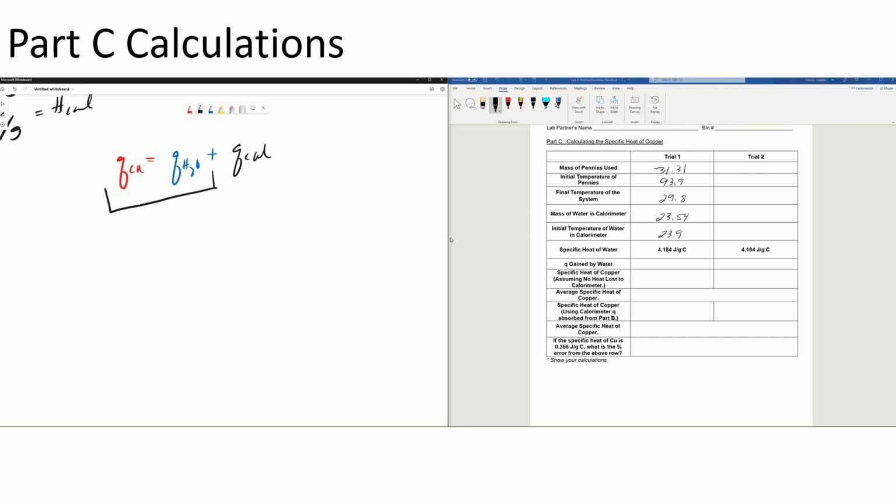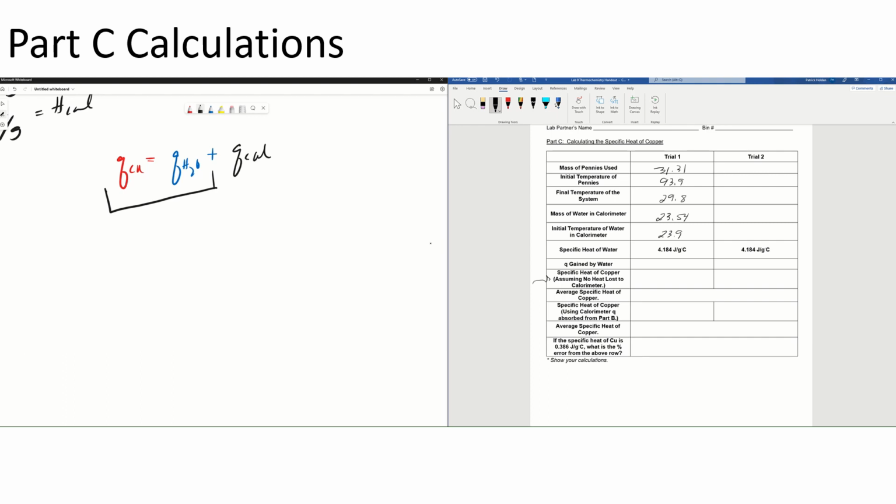Where it says specific heat of copper, assuming no heat loss to the calorimeter, that means we're going to assume for this calculation that the Q of the calorimeter is 0. So again, the Q formula for the copper pennies and for the water is the same thing. It's just mass times specific heat times the change in temperature.